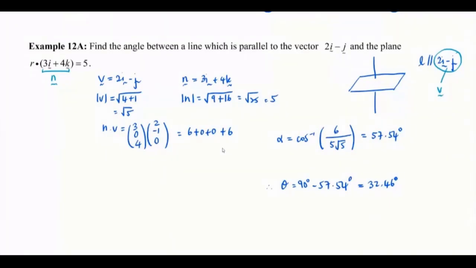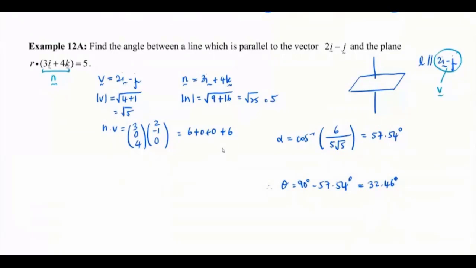Okay, salin dulu. Miss, yang alpha tu, alpha cos negatif 1 yang 6 di atas tu. Itu n times b kan? N dot B, tak ada times. Oh ya, sorry. Jadi itu bukan 6 kah, Miss?